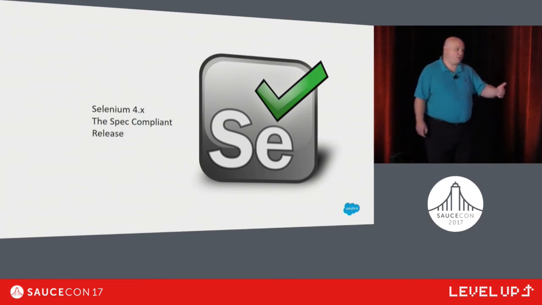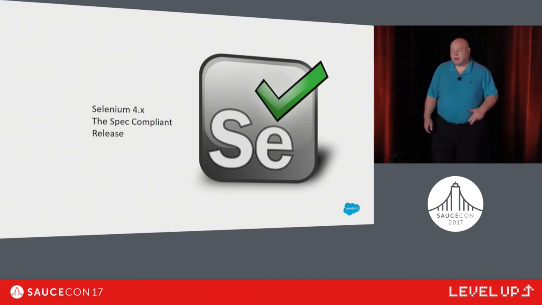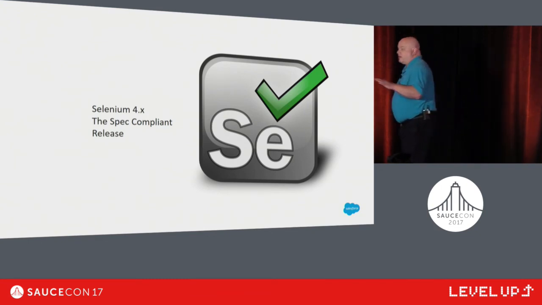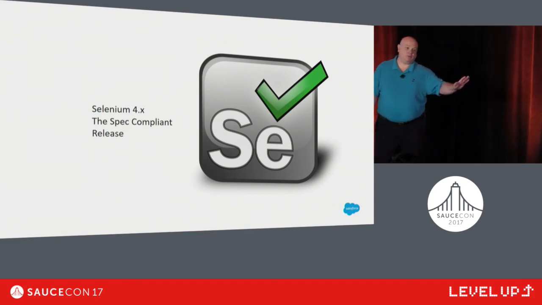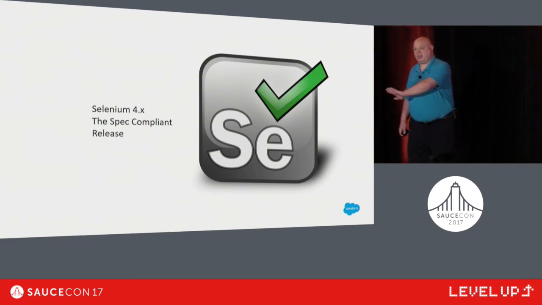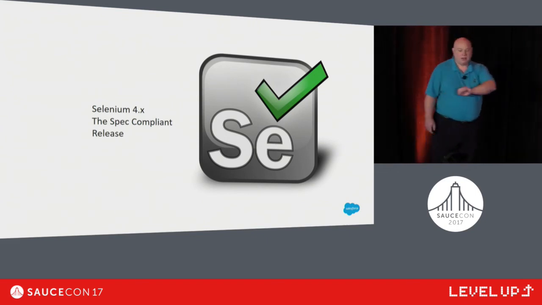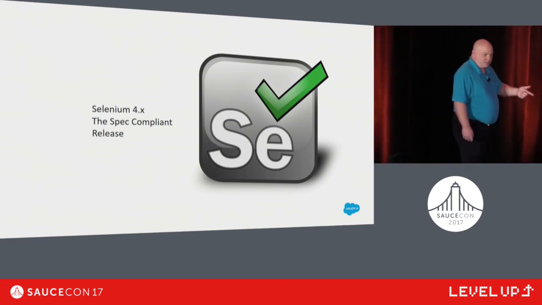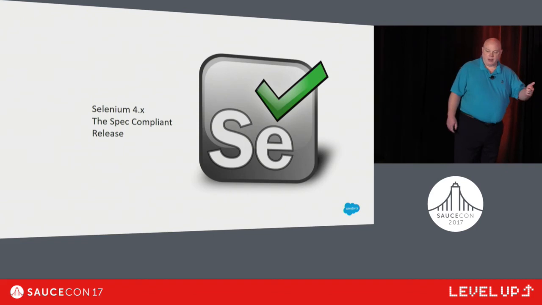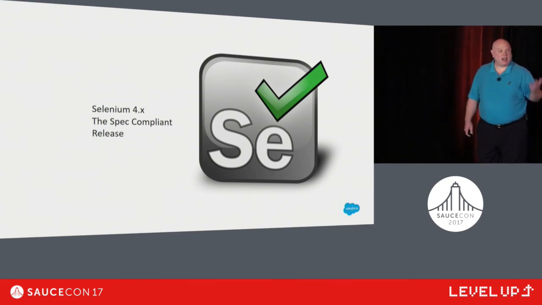We have one from Google for Chrome, we have one from Apple for Safari, we have one from Microsoft for Microsoft Edge. But those implementations right now do not use the spec version of the protocol. They use the old legacy open source dialect of the protocol. So in the near term, we will start to see that adoption of the spec dialect of the protocol as more browser vendors come on board with that.